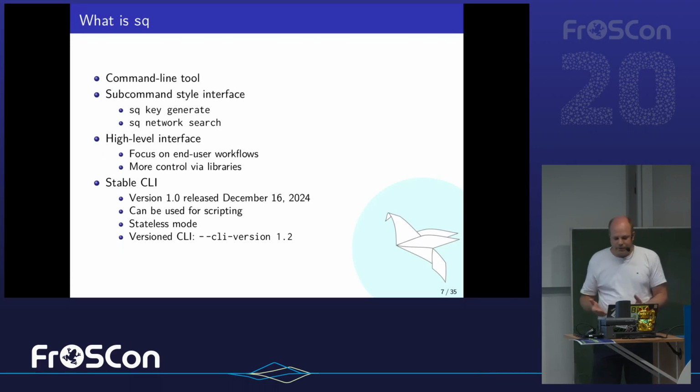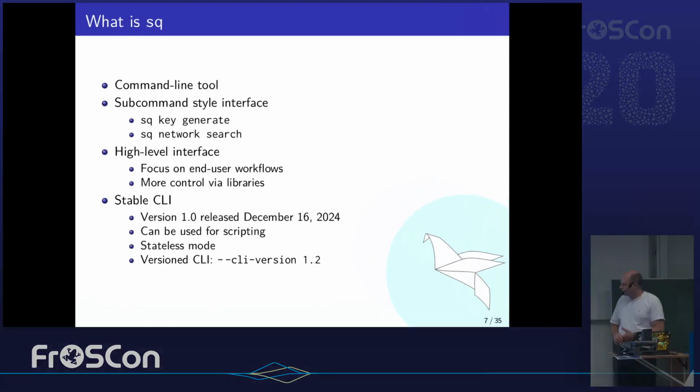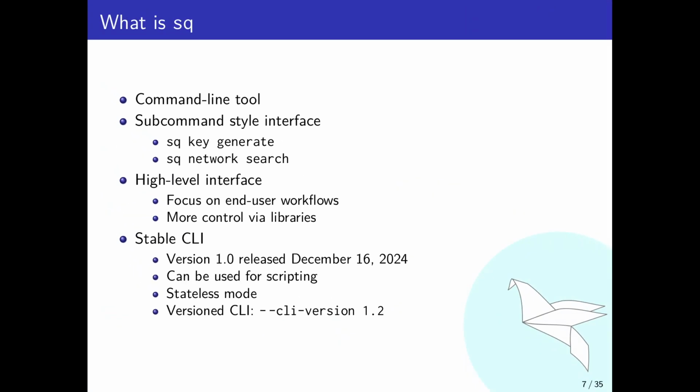It can be used for scripting, but it's not really intended to be used for scripting. People do it, so we want to support them. And so we have this --cli-version option. This allows a script to say, I want version 1.2 of the CLI. If you happen to be running SQ 1.1, this will error out.